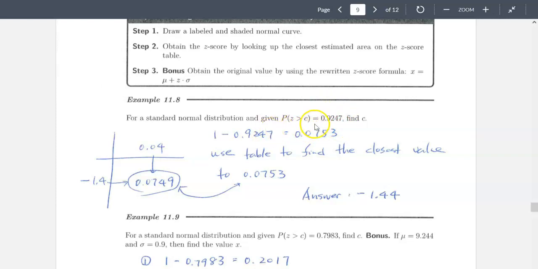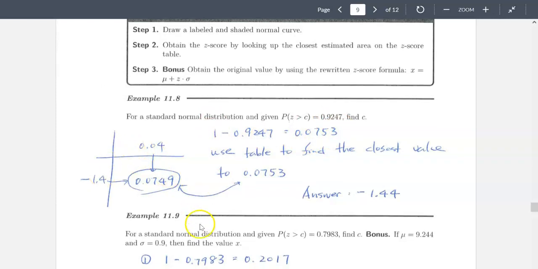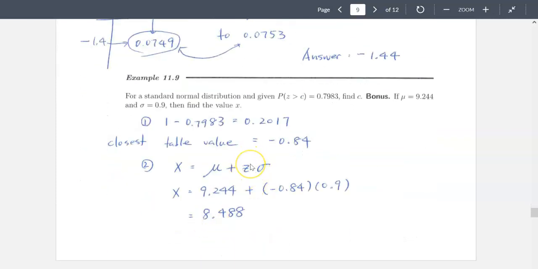You do 1 minus 10% and get 90%. When you look up 90%, you get a z value. Then you plug the z value into the formula, with the mean and standard deviation provided. You will get the cutoff number to make your score in the top 10%, and that will be the number for getting an A. For more examples, feel free to email me, and I'll be more than happy to walk you through it.